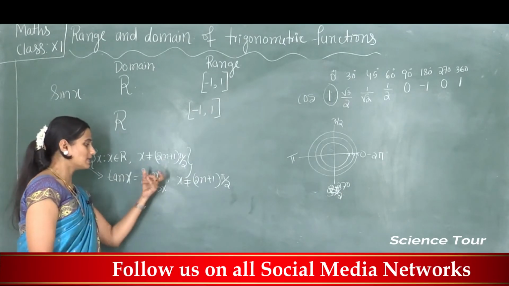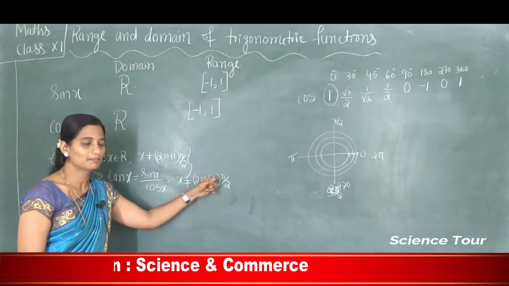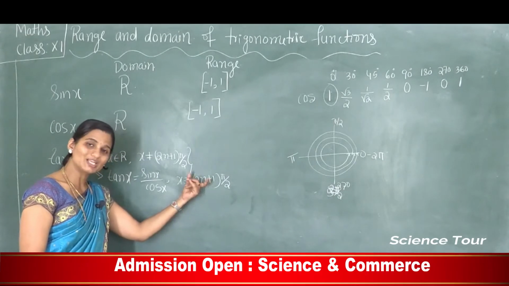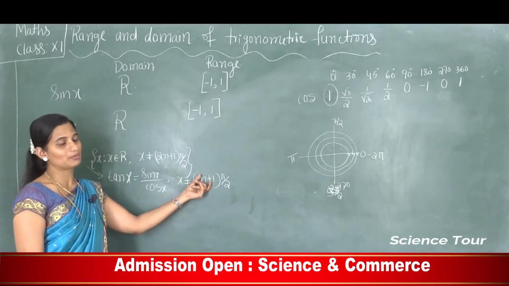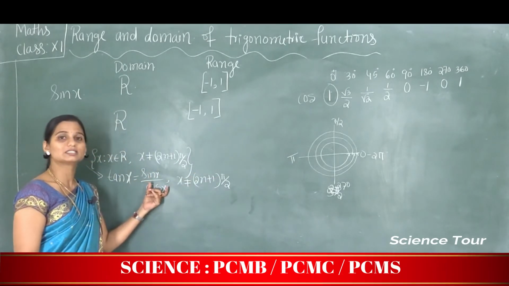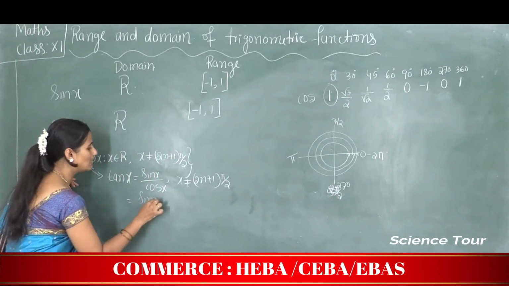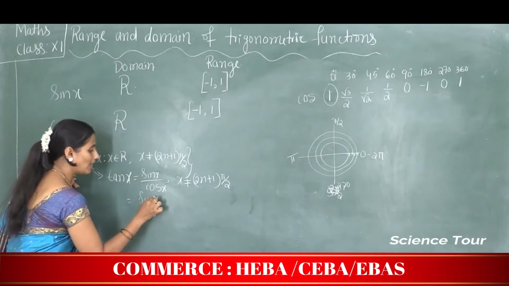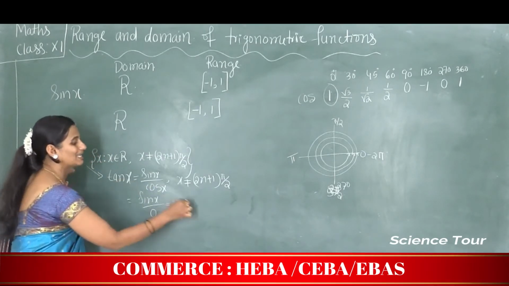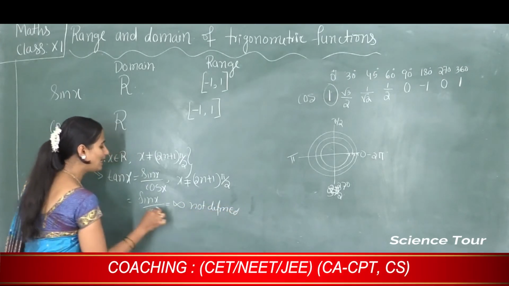Why should it not be equal to (2n+1)π/2? Because at these angles cos is equal to 0, so it becomes sin x divided by 0. Any number divided by 0 means infinity, which means tan is not defined at this point.